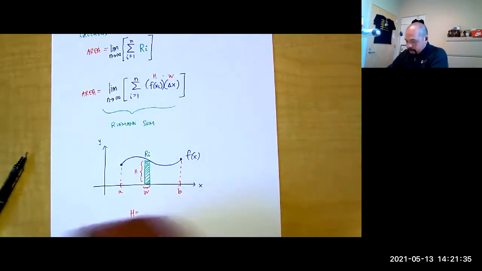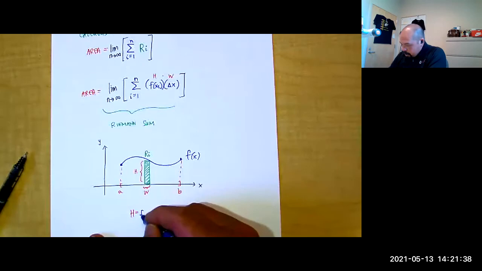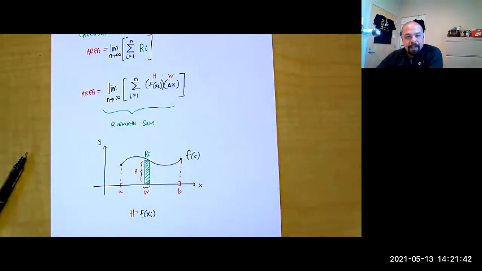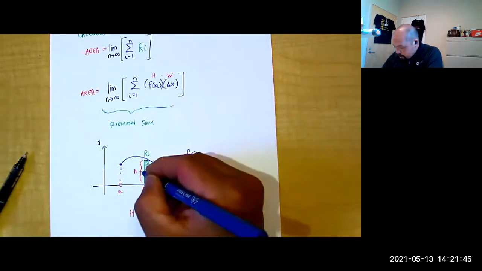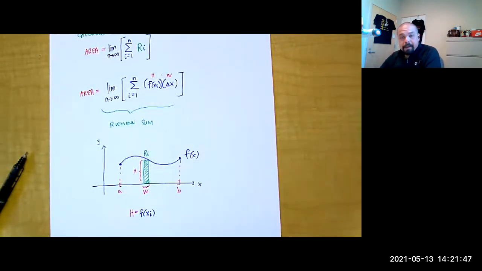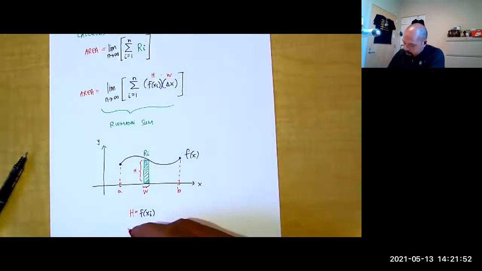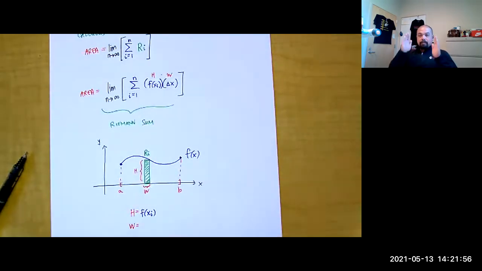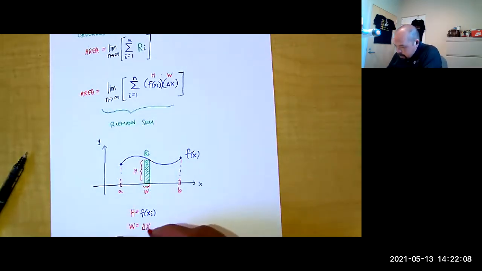The height is the value of our function at some representative value x. The width, this is where we're going to say we want to split up this interval into these little equally sized parts. So we're going to call it this little delta x.